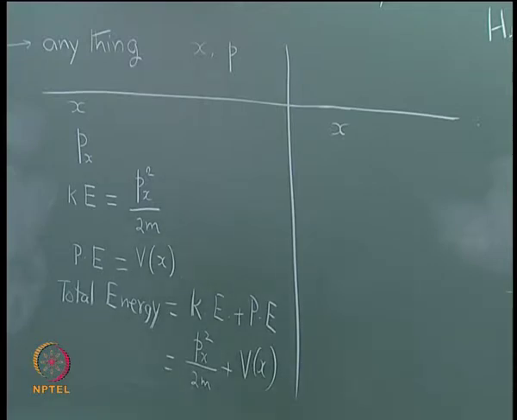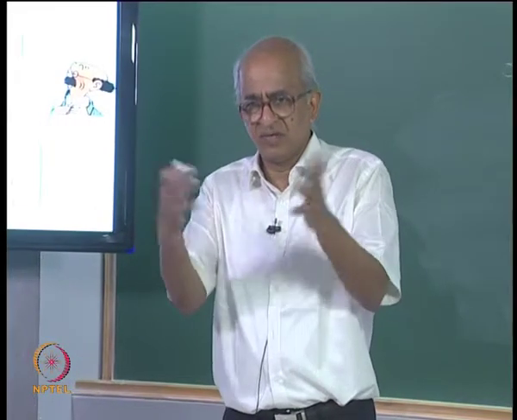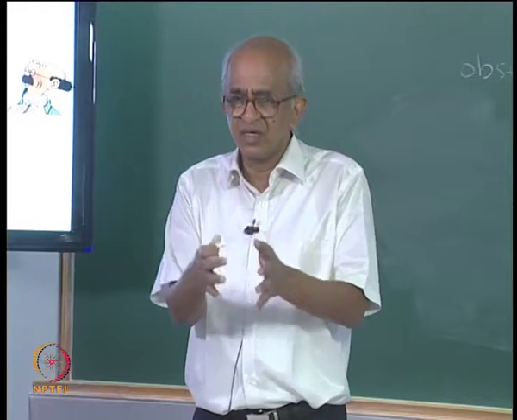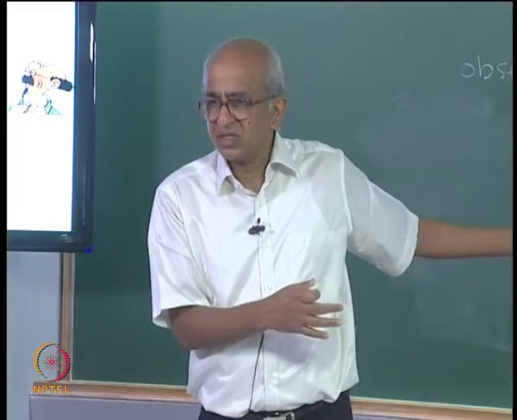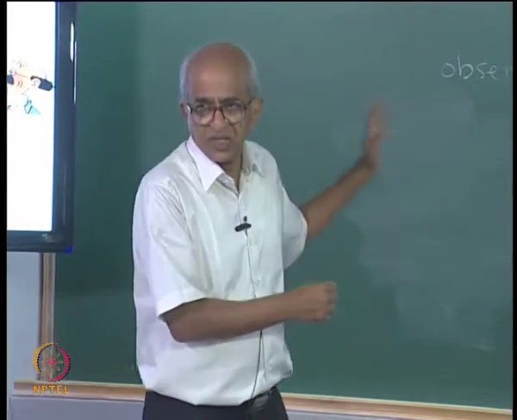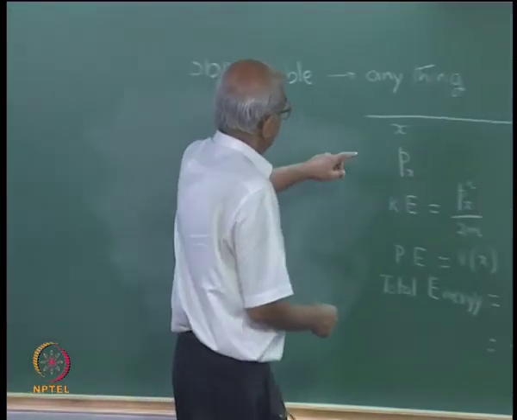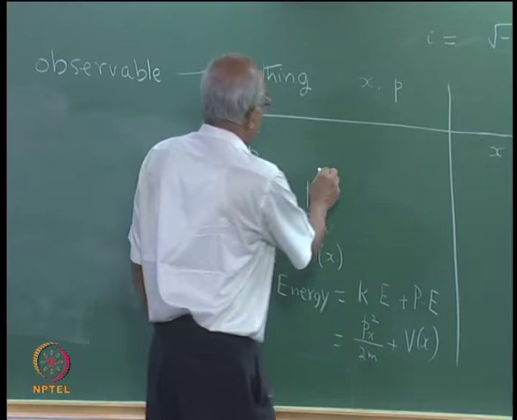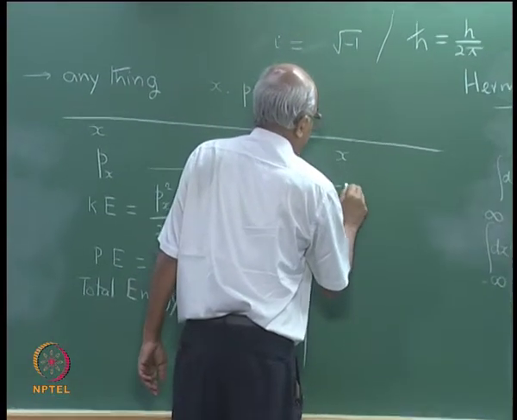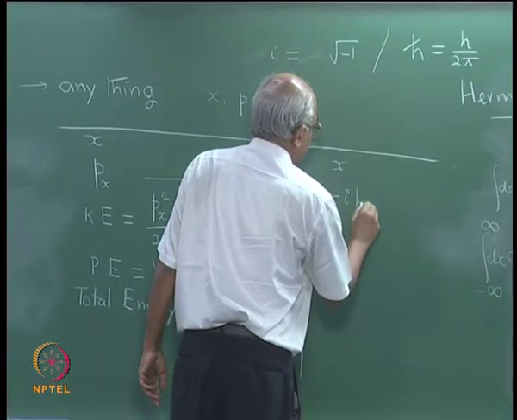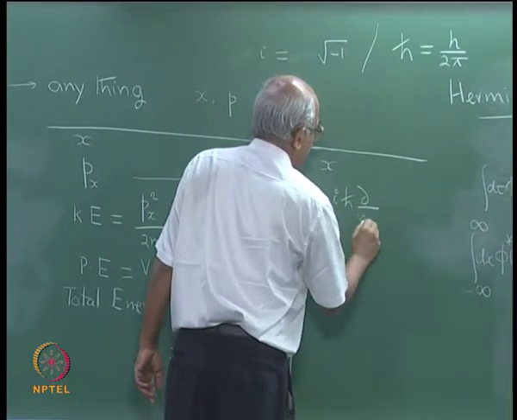This means that if you have any wave function, I will just multiply that function by x. That is the meaning of saying that x is the operator associated with position. Similarly, for momentum, the associated operator is minus i h cross dou by dou x.